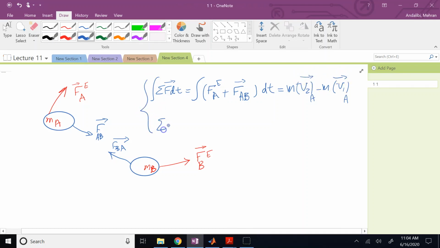Similarly, I write the same principle for the other object.